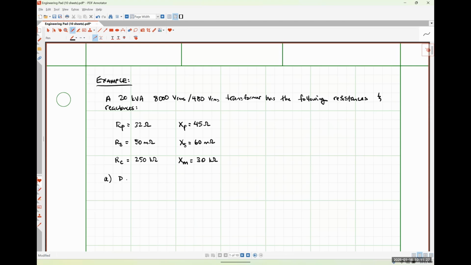So the first thing that I would want us to do is to determine the equivalent circuit for the transformer with all impedances referred to the high voltage side of the transformer.